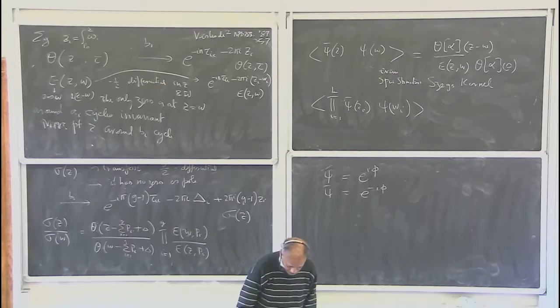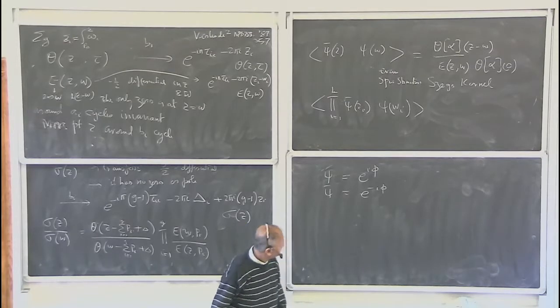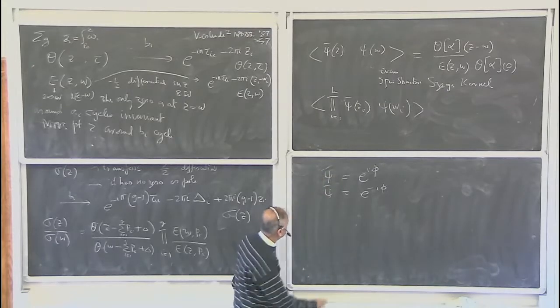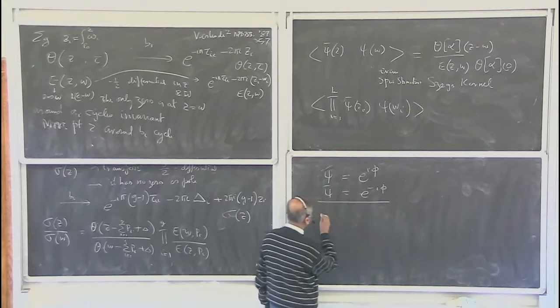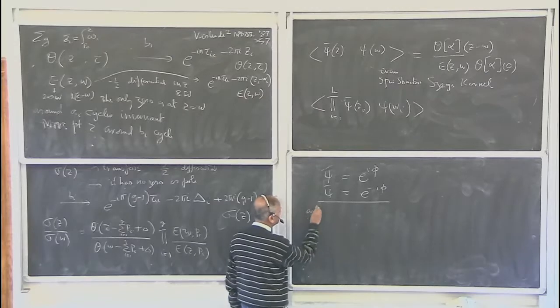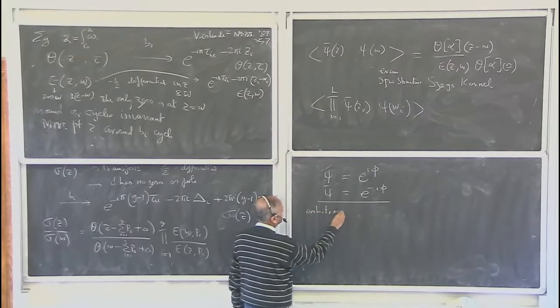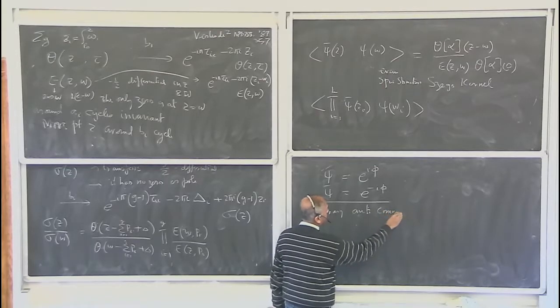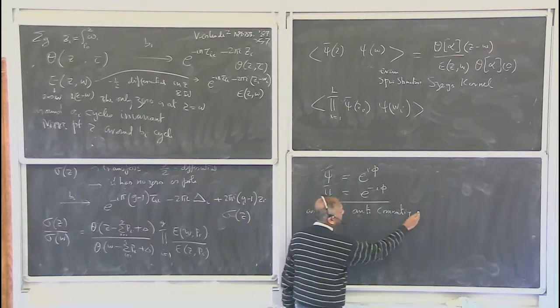So that is the case for the fermion, but you can actually do this for arbitrary anti-commuting variables.